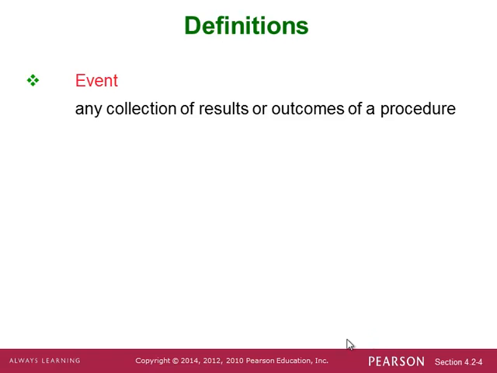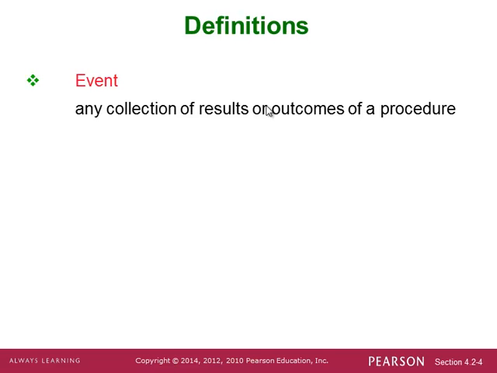An event is nothing more than some collection of possible outcomes from an experiment. So if you take a look at the set of all possible outcomes of some sort of procedure or experiment, then an event is going to be one or more of those outcomes.